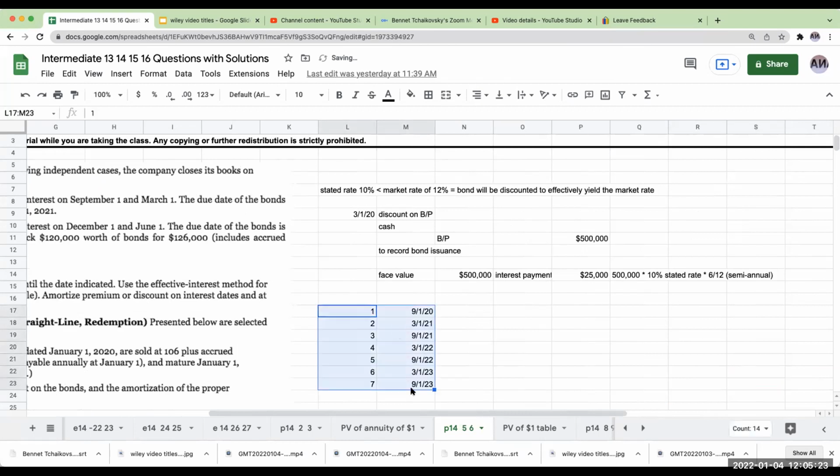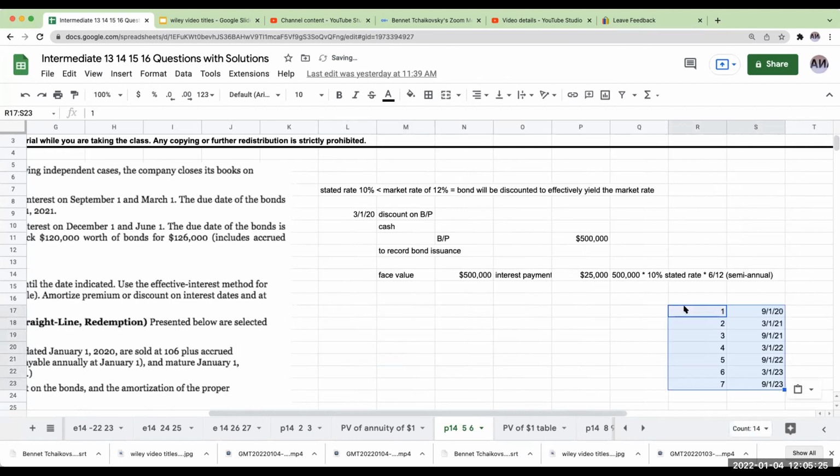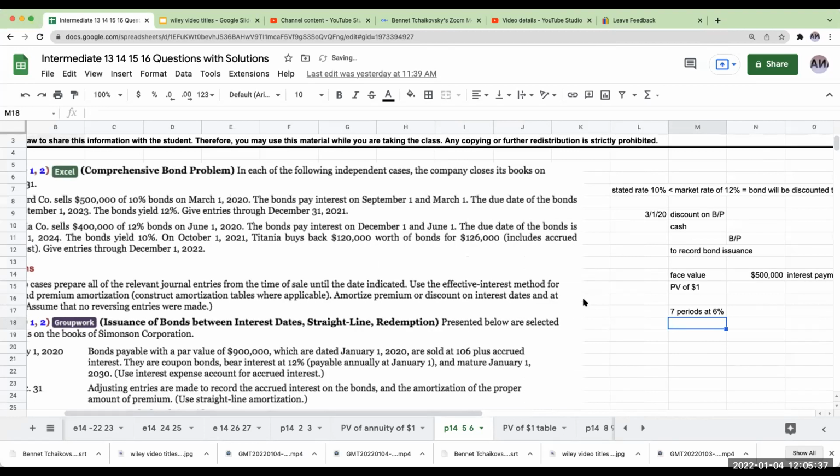So when we go to the tables, for the face value, I'm going to use the present value of $1, 7 periods at 6%. Why is it at 6%? The 6% is the semi-annual market rate of interest.